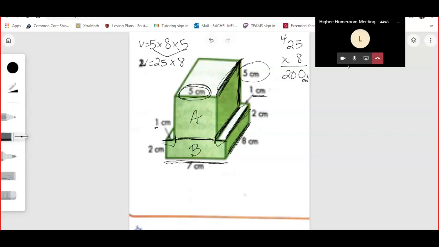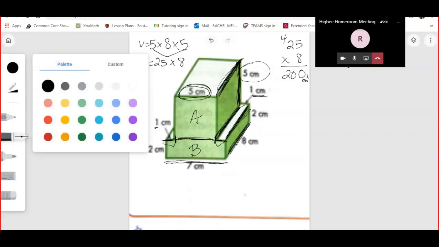Do you, Israel? What's your question? I don't get how it can be the width. Okay, so like I was saying before, maybe if I do this.